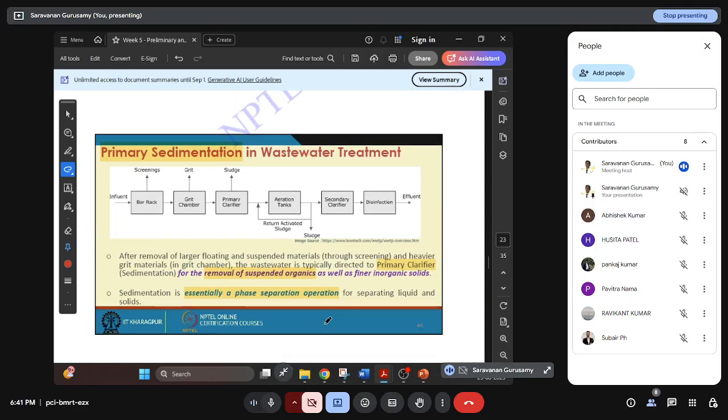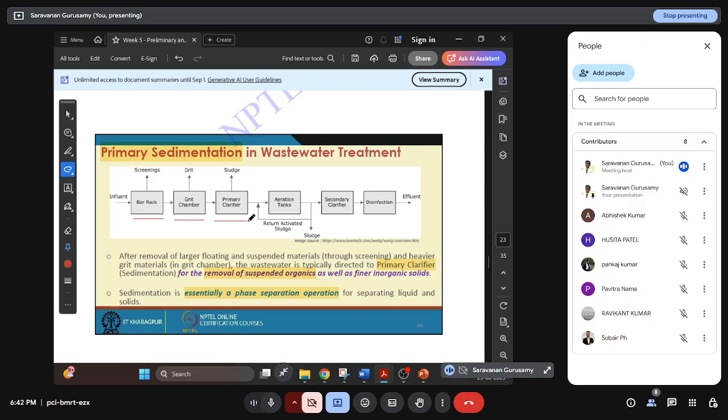Then the steps will be: first screening, second grit chamber, then third the primary clarifier or sedimentation tank. The sedimentation tank will remove solids of very small size, like silt, clay particles, and settleable organic particles, in the primary clarifier or primary sedimentation tank.